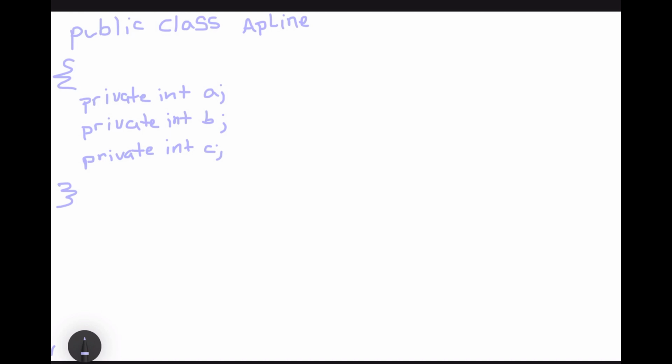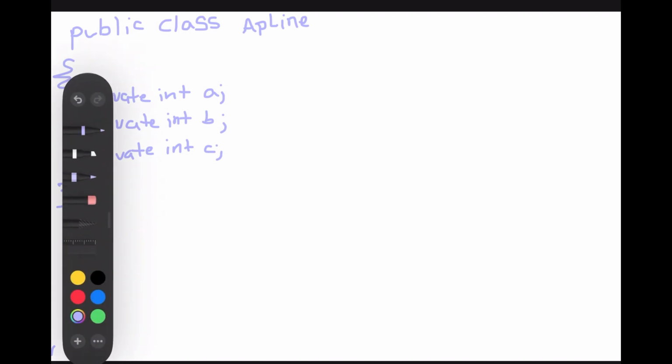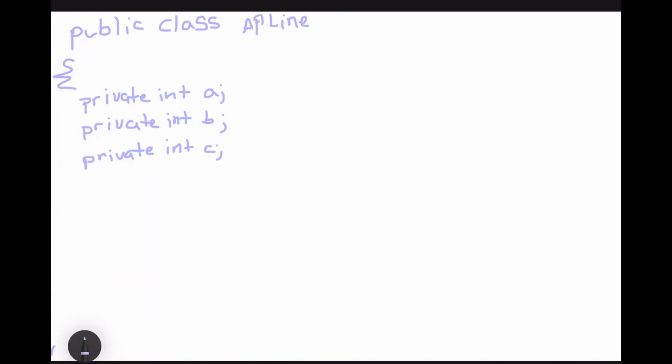And now we do public APLine, which was supposed to be capital. Now we do public APLine with int AA, int BB, and int CC.